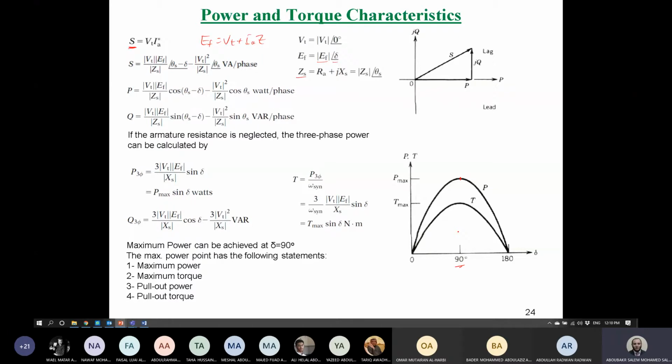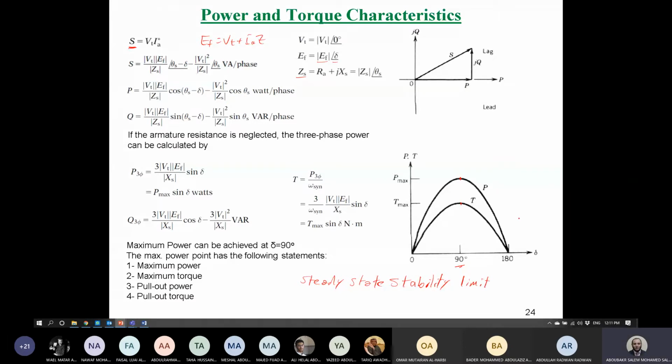Pull out means maximum also, so it's either maximum or pull out. And also we call it, guys, steady state stability limit.